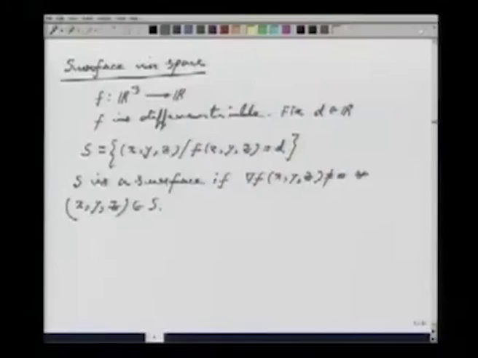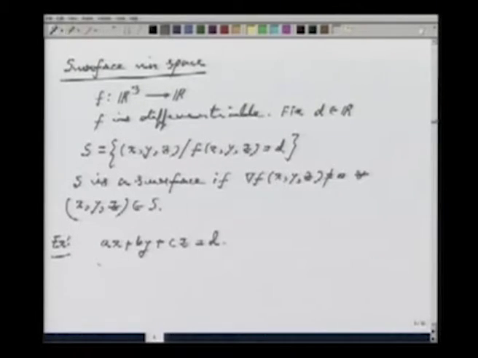So some obvious examples of surface I can try to see. Let us look at the plane ax plus by plus cz equal to d. Is this a surface?